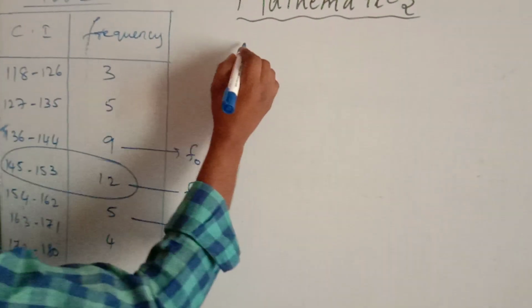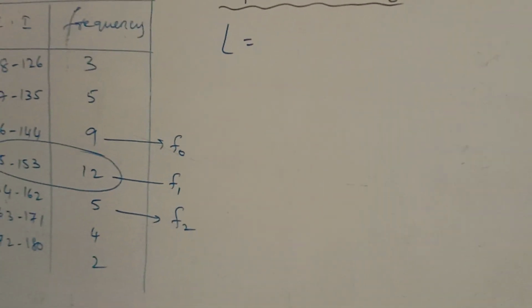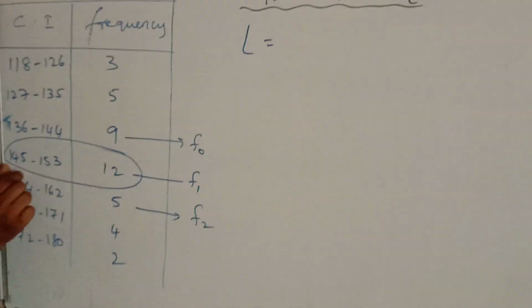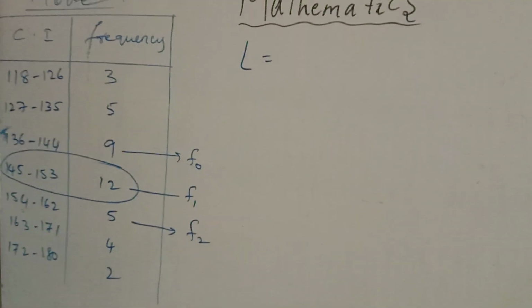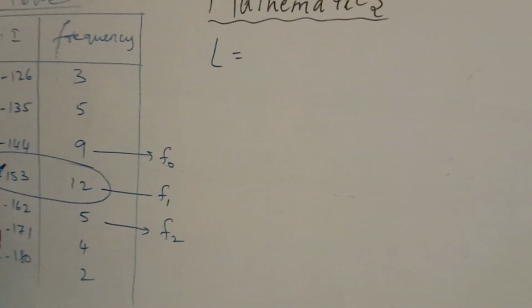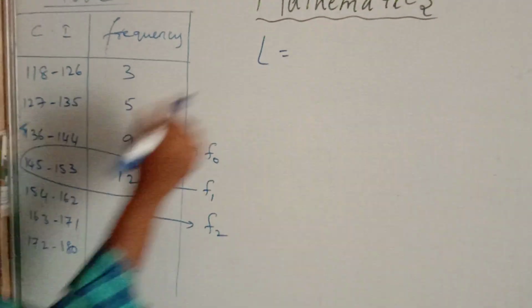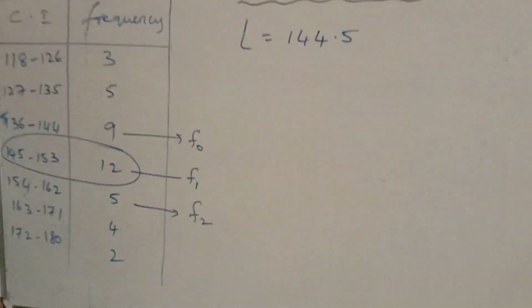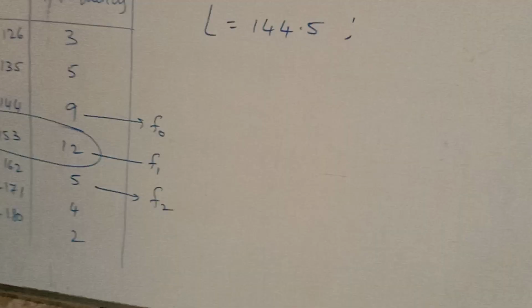By seeing these classes, you can understand they are inclusive classes. So for inclusive classes, you subtract 0.5 from the lower boundary and add 0.5 to the upper boundary. Here the L value is 145, and subtracting 0.5 gives 144.5.